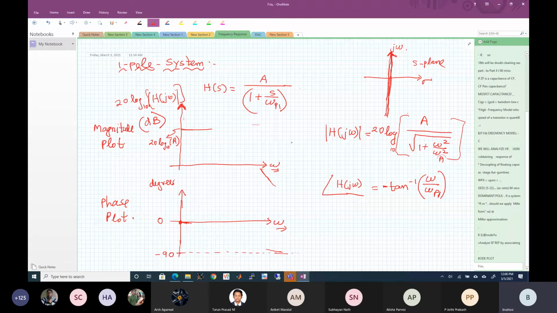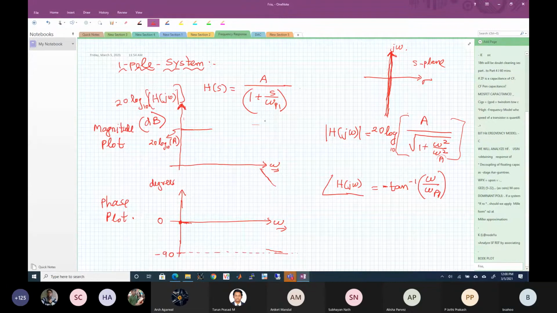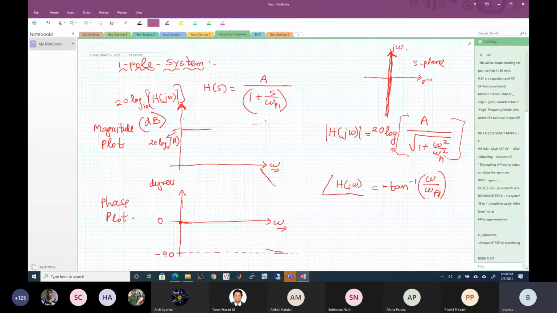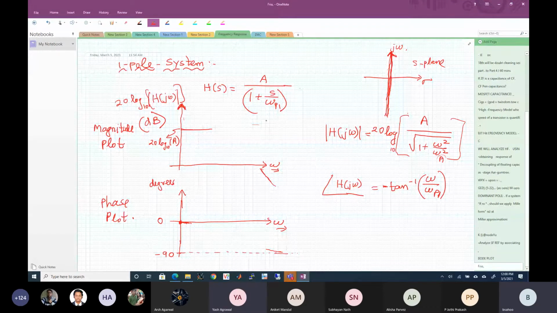Of course, can omega p1 be a complex number here if it's a single pole system? Why not? Because then a conjugate will also be there, so it will become a two pole system. So that means omega p1 is a real number.